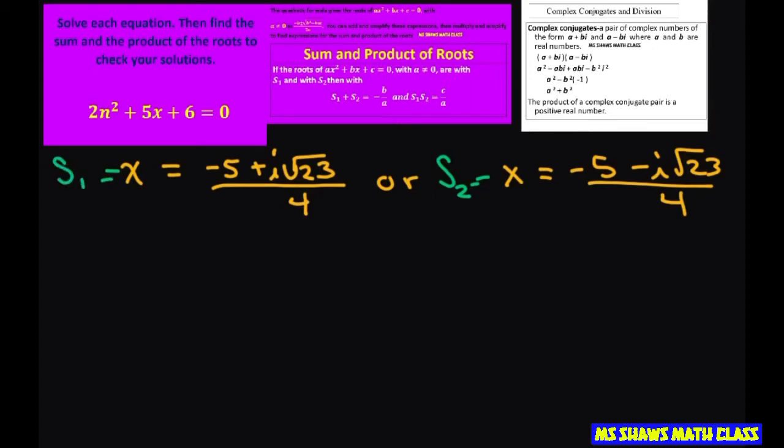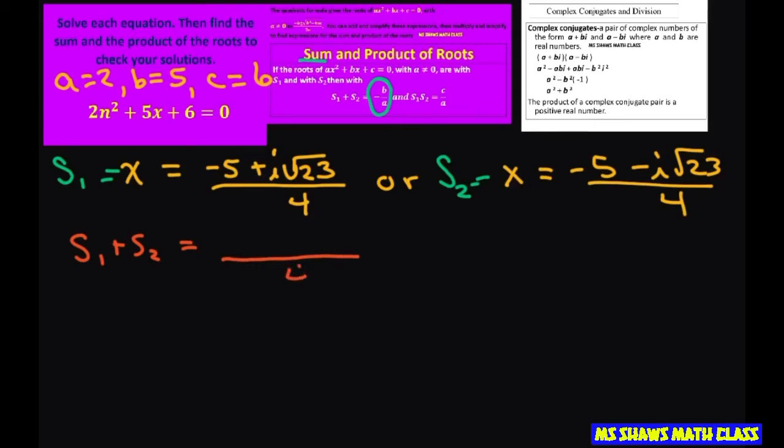Now let's do the sum of the roots to check if we get our b and our a. And recall that a is 2, b is 5, and c is 6. So let's add these up. Our common denominator is going to be 4, so I'm just going to put 4 for the common denominator and add the numerators.